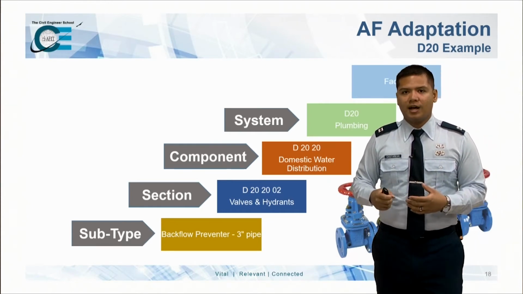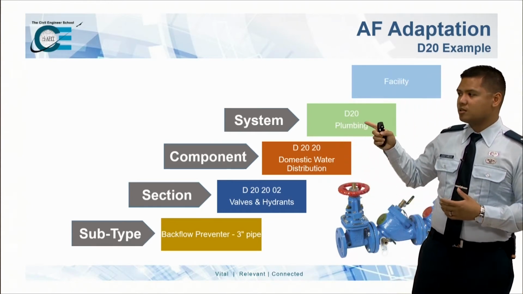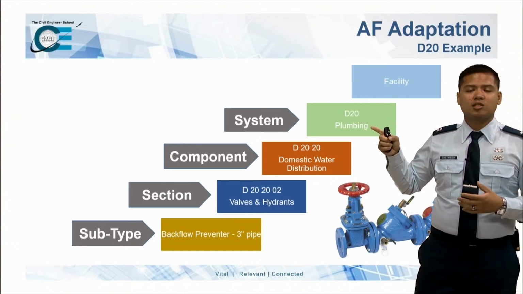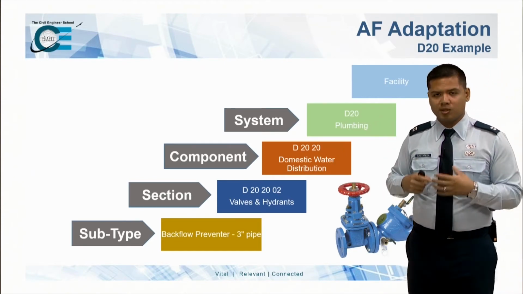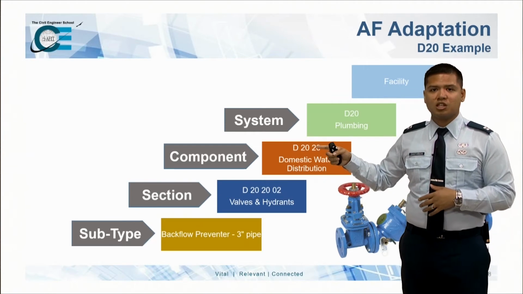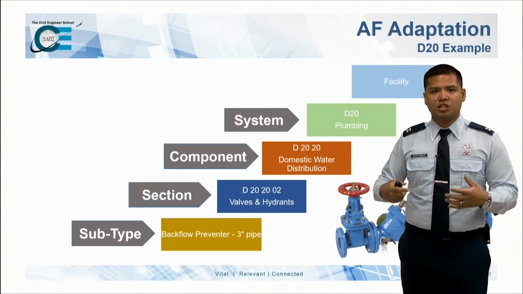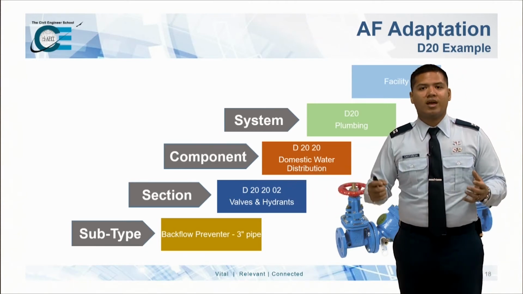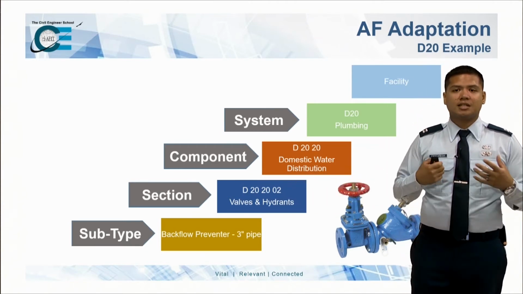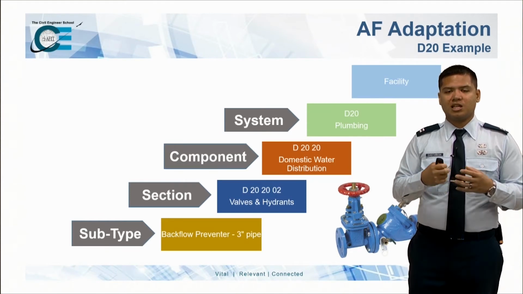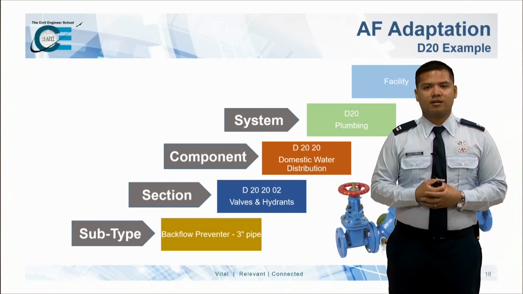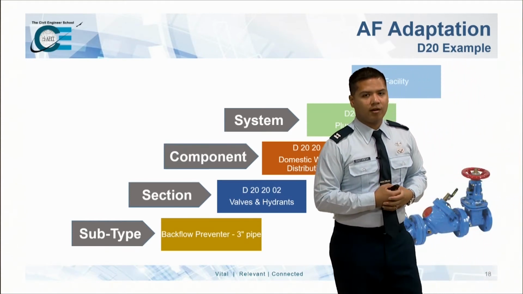You assess a system based off of the condition of its components. You assess components based off of the condition of the different sections that make up that component. This is just an example to illustrate an actual asset, this backflow preventer behind me.